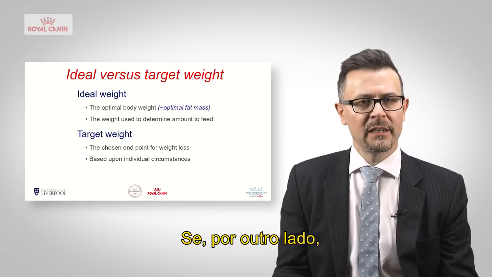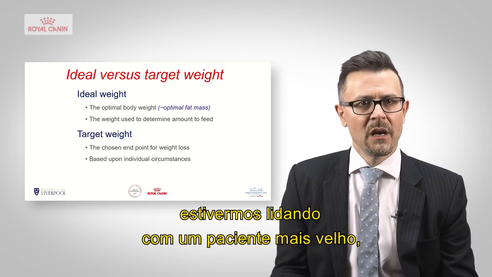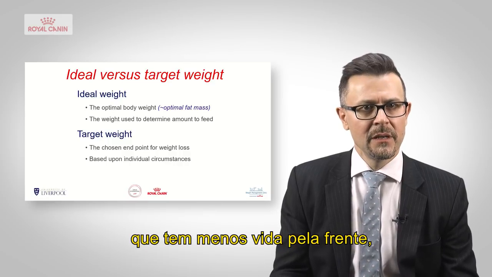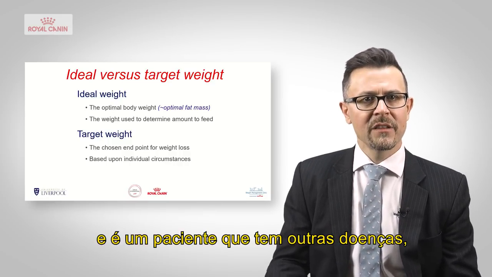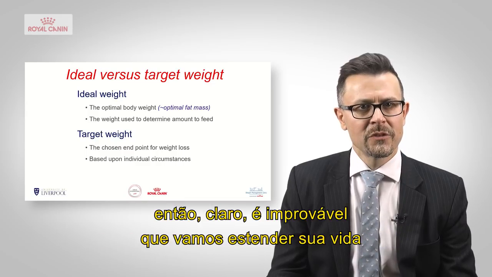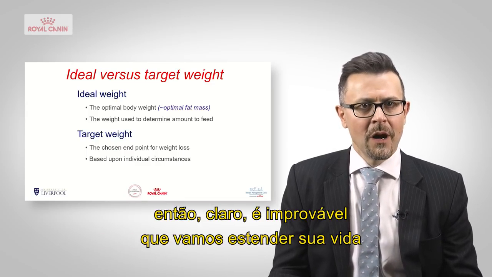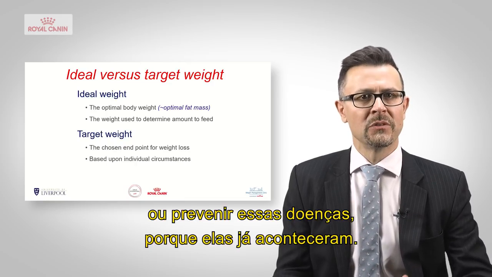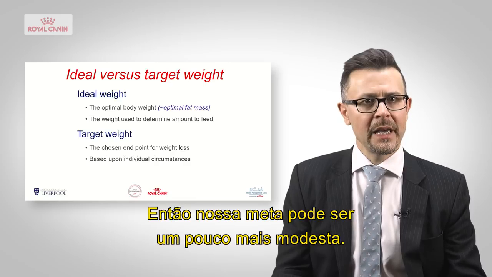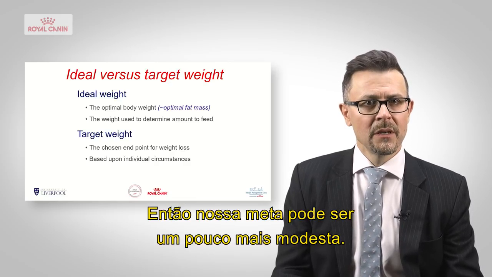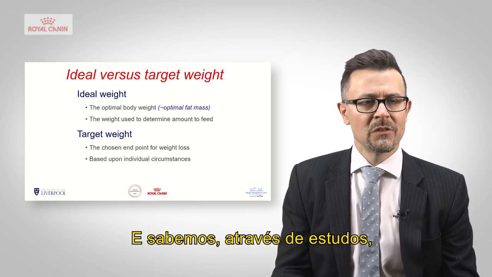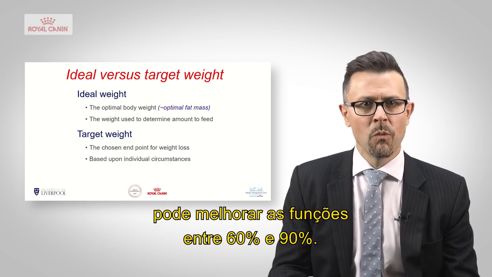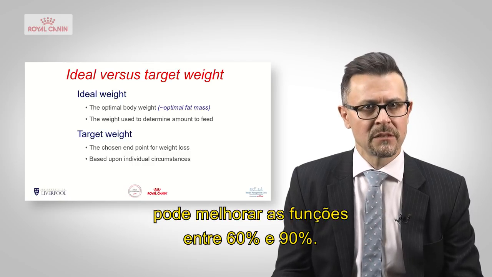If, on the other hand, we're dealing with an older patient who has less lifespan left and a patient that has other illnesses, then of course it's unlikely that we will either extend life or prevent those diseases because they've happened already. So our target here may be more modest, and we know from studies that a small amount of weight loss can improve function, so somewhere in the region of 6 to 9%.